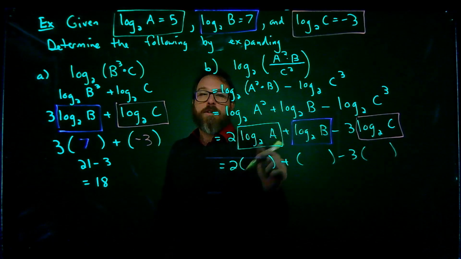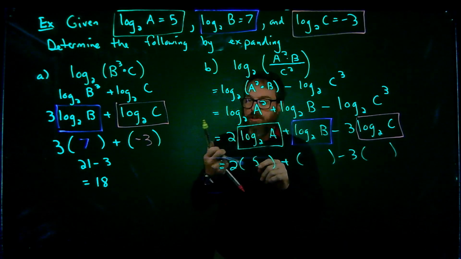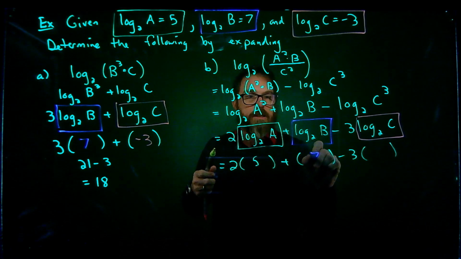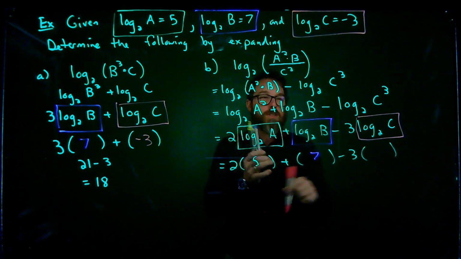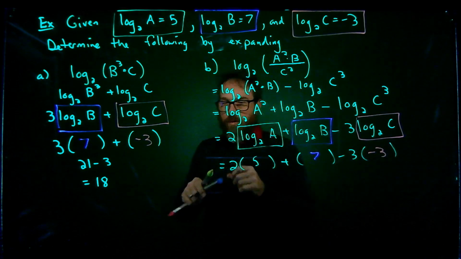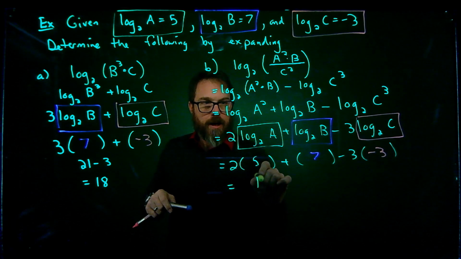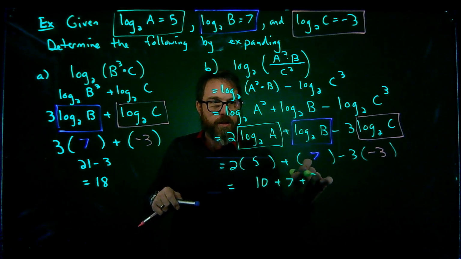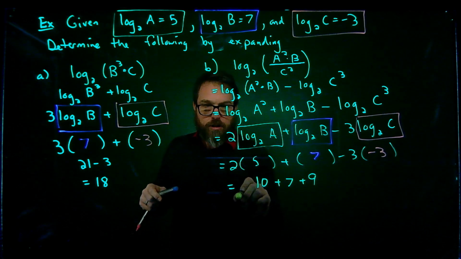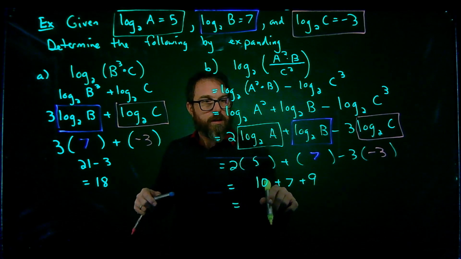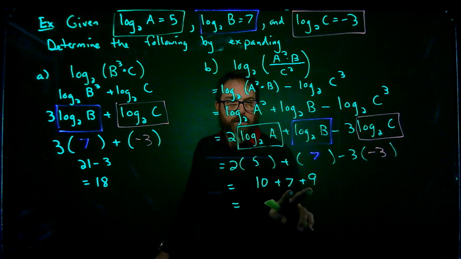So log base 2 of a is 5. The log base 2 of b is equal to 7. And then the log base 2 of c is equal to negative 3. So what we're going to get here is 10 plus 7 plus 9. So this is going to be equal to 26.